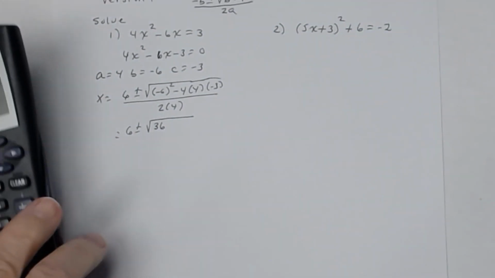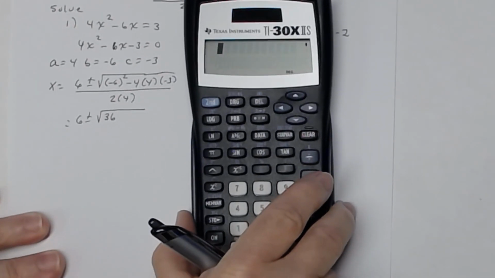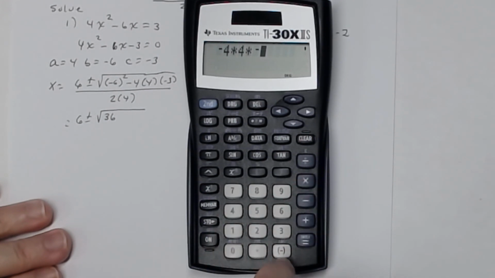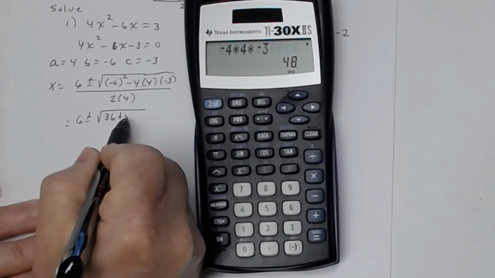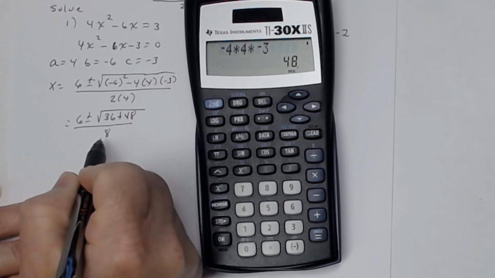So basically you're saying, let me go ahead and move this over. So you're saying negative 4 times a negative, remember your negative button's down here, negative 3, and that's going to be a positive 48. So you're going to say 36 plus 48. All that's being divided by 2 times 4, which is 8.